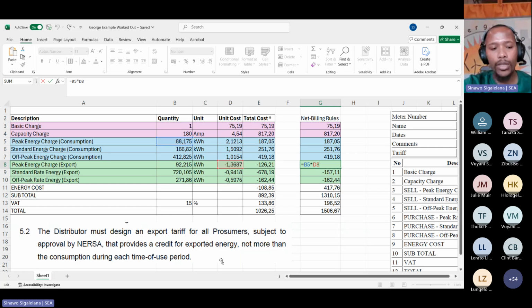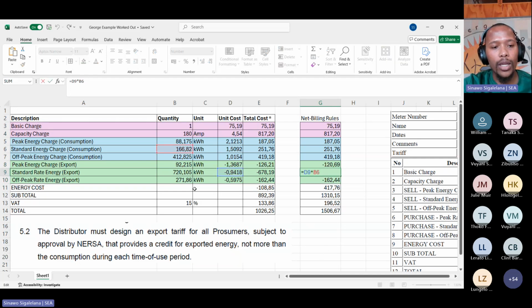But the rules say I must provide a credit for exported energy, but it must not be more than the consumption during each time of use period. Yes, I want to multiply it by 92, but the rule is saying it must not be more than the consumption. So I take D8 and multiply it by the maximum, because it doesn't allow anything above the maximum. So that is for row 8. Then I come to row number 9.